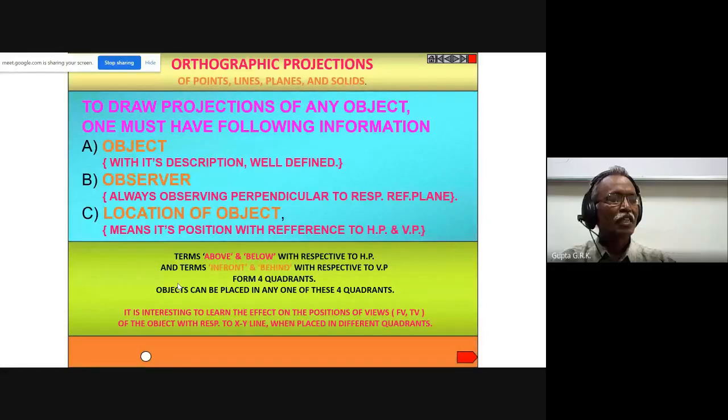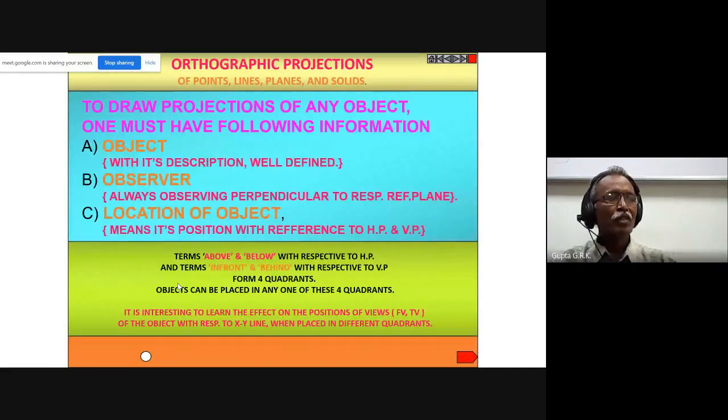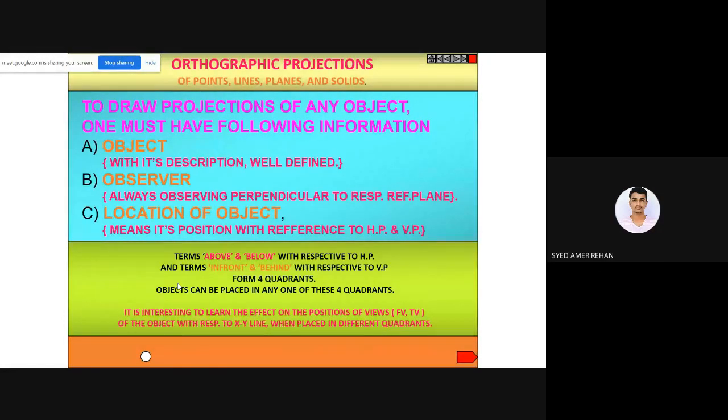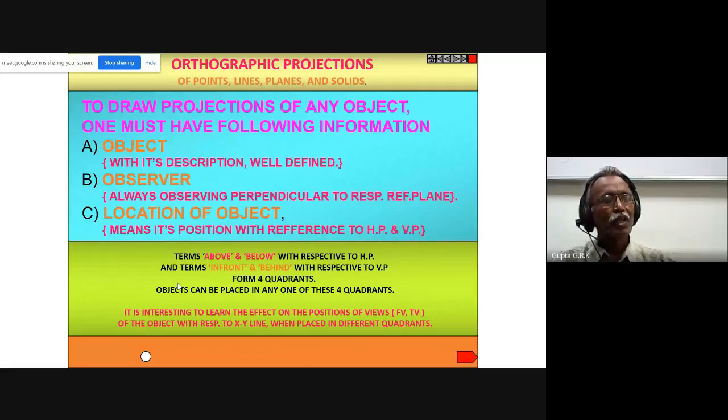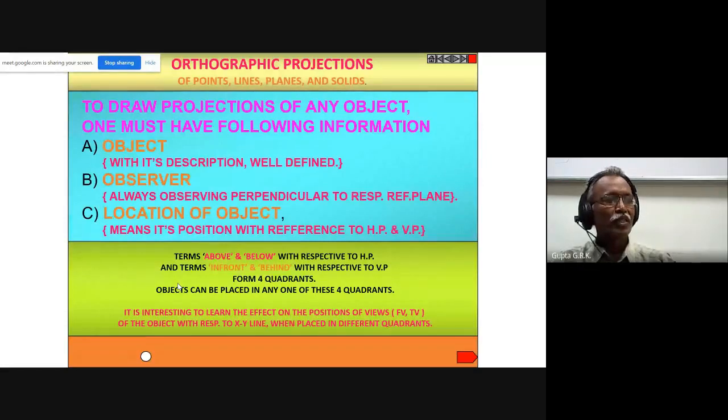If it is kept in the second quadrant, both the front view and top view are above XY. If it is in the third quadrant, front view below XY, top view above XY. If it is kept in the fourth quadrant, both front view and top view are below XY. So that's what I know. I want to know the relative positions.